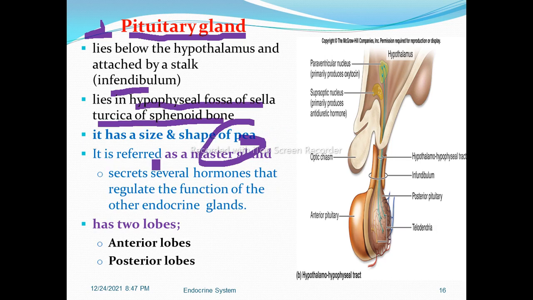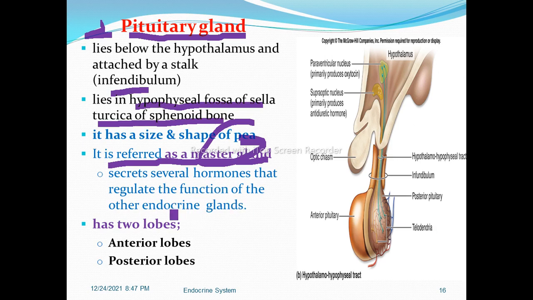It is referred to as the master gland, by the way, since it controls around 8 organs. The pituitary gland is considered the master gland, but the hypothalamus is the master of masters. The pituitary gland secretes several hormones, around 8 at minimum, that regulate the function of other endocrine glands.